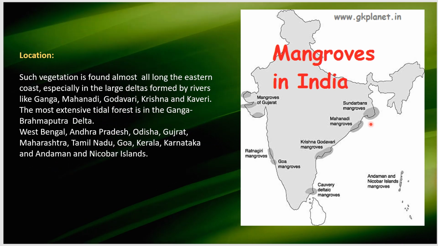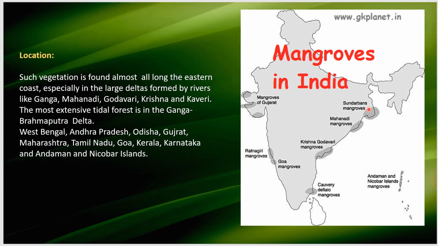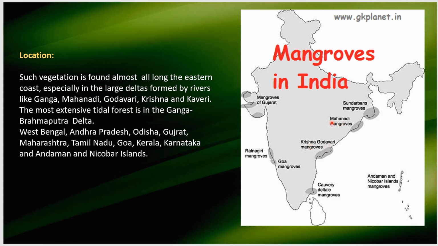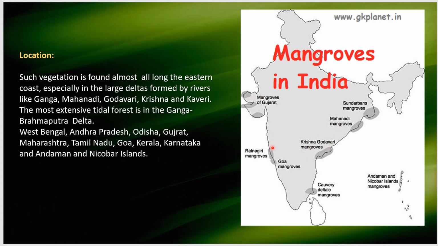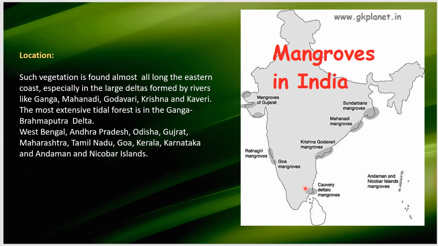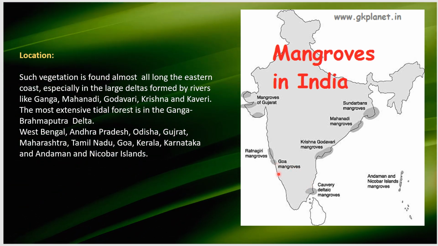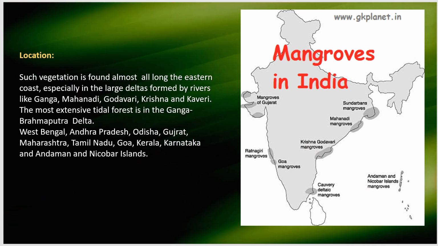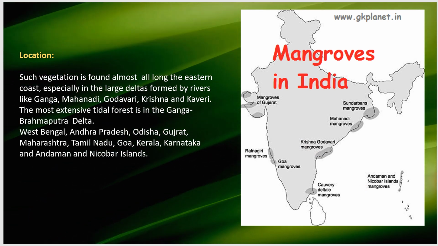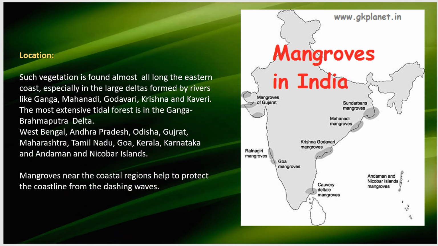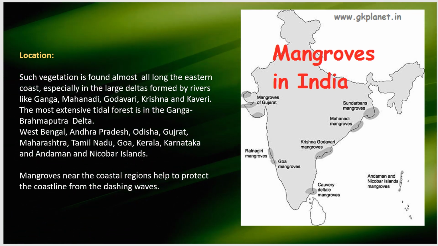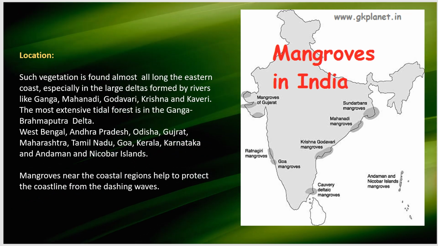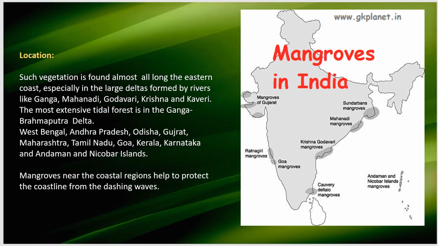We have coastal forest in West Bengal, then in Andhra Pradesh, Odisha, Gujarat, Maharashtra, Tamil Nadu, then in Goa, Kerala, Karnataka and the Andaman and Nicobar Islands. The mangrove or coastal forests are important because they help to protect the coastline from the dashing sea waves.